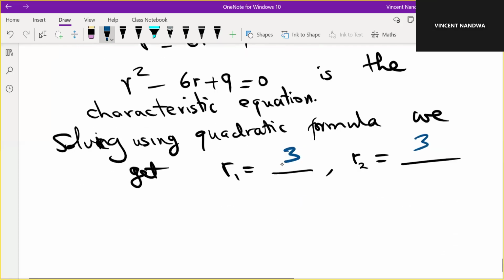So the general solution is Fn equals, if you remember what you have said in the general discussion, how does the general solution look like in the case of a repeated root?